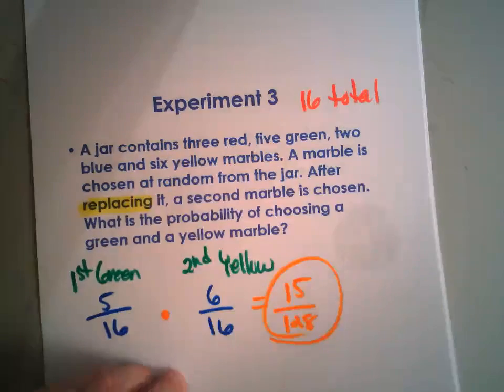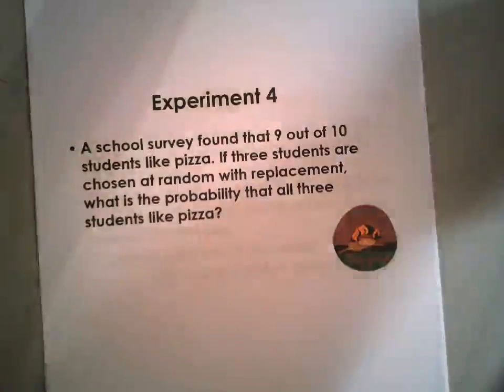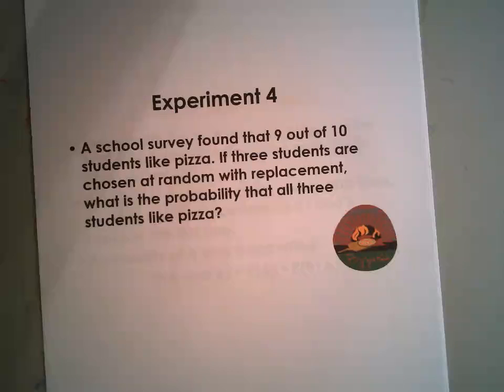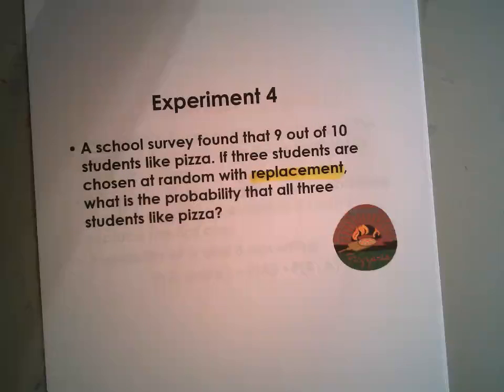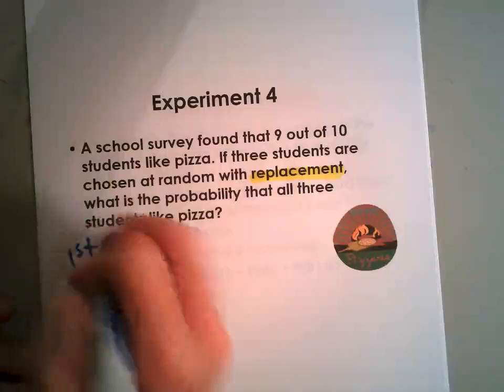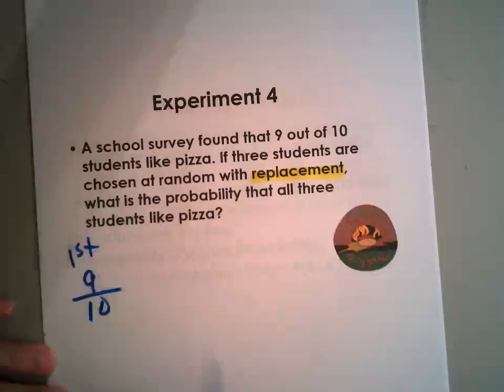All right, let's see what we got next. Experiment number 4. A school survey found out that 9 out of 10 students like pizza. 3 students are chosen at random with replacement. That means that the same kid can be chosen 3 different times. What is the probability that they all like pizza? Well, the first student likes pizza 9 out of 10 times because 9 out of 10 kids like pizza.